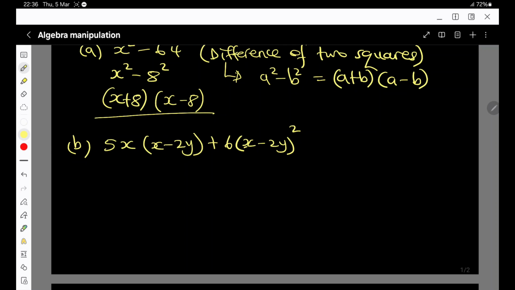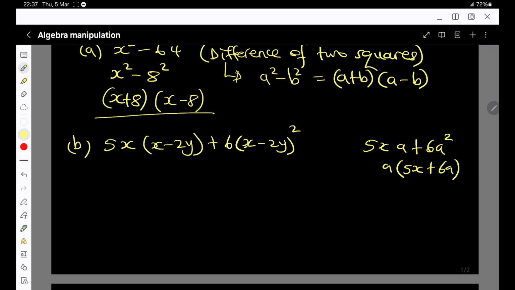Imagine if this was written as, let's say, 5x a plus 6a squared. You could immediately see that a is being repeated. Okay? So since a is repeated and squared, it means I can easily factorize out a, and you remain with 5x plus 6a.